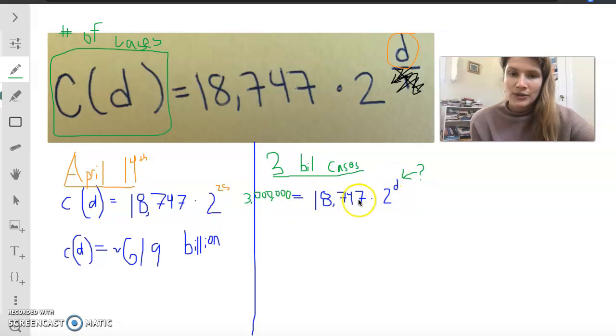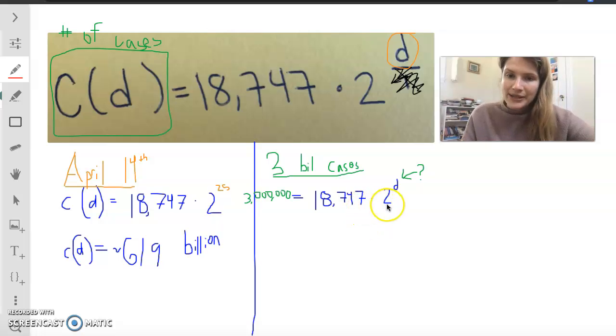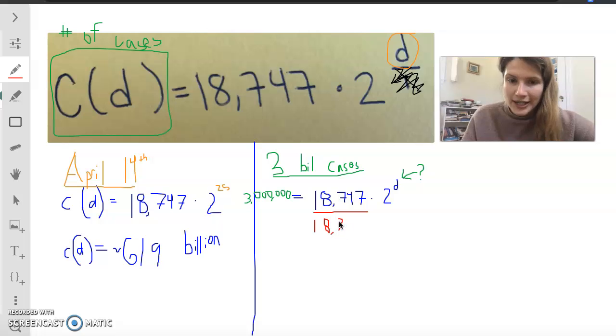The first thing I'm going to do is get rid of the 18,747. Let's do this in red. Right now it's being multiplied. The opposite of multiplication is division. So I'm going to divide by 18,747.